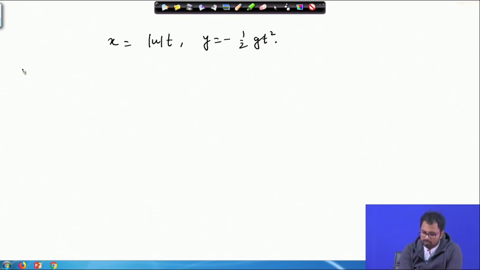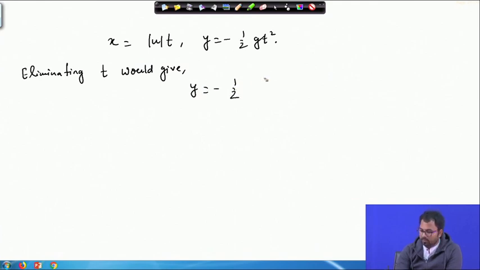So, eliminating t would give y equals minus half g by mod of u square times x square. So, this shows that the path is a parabola.